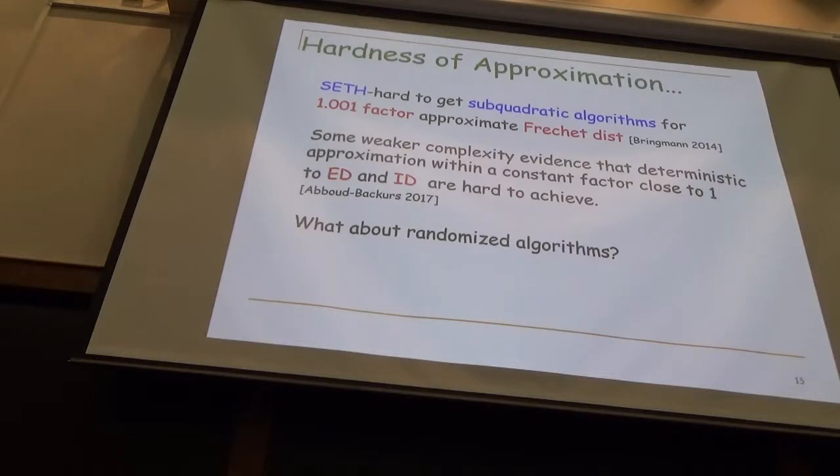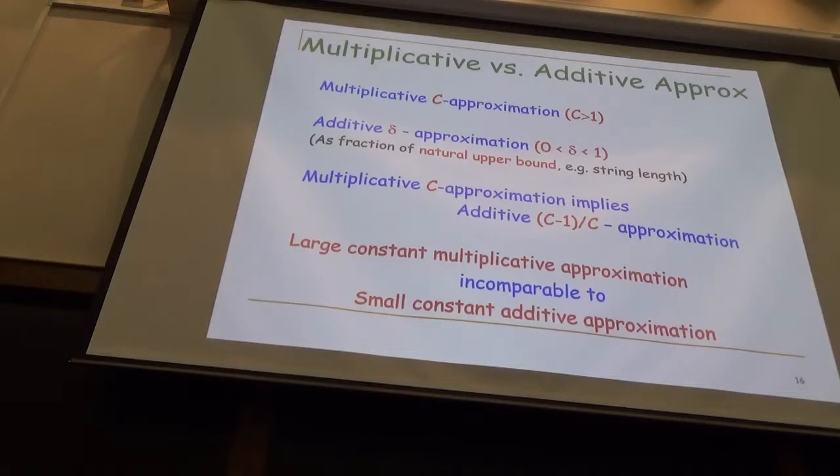But that's for deterministic algorithms, so you can ask what about randomized algorithms. Now, a slight digression. When one talks about approximation algorithms for these kinds of problems, there are two notions of approximation that are natural to consider. One is multiplicative approximation, where you have a constant C and you want to approximate within a factor C. So if C is 2, you're willing to approximate this quantity within a factor of 2.